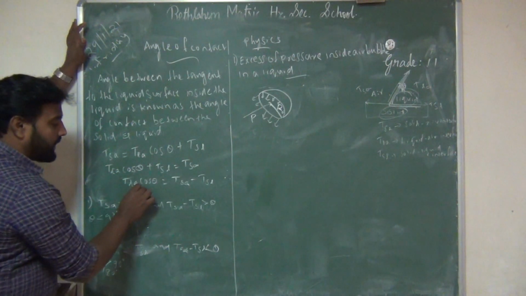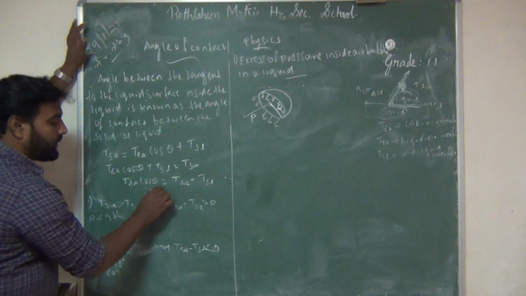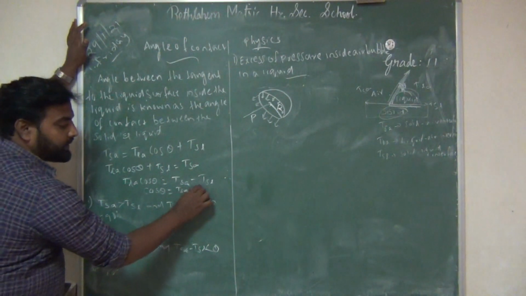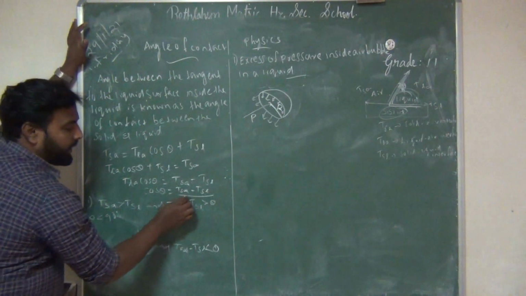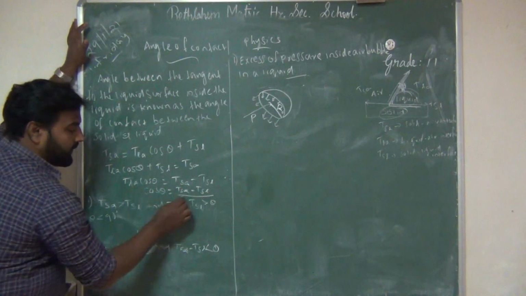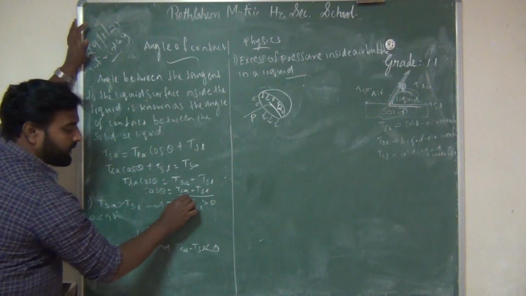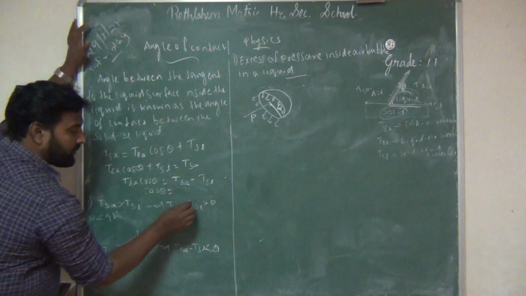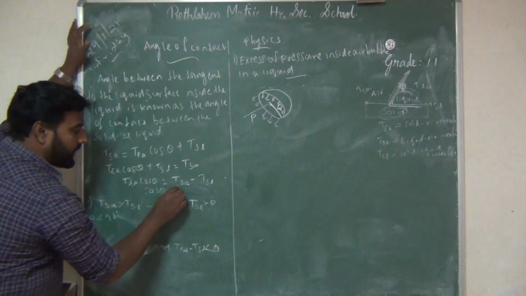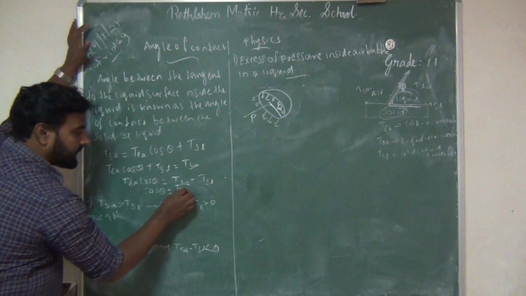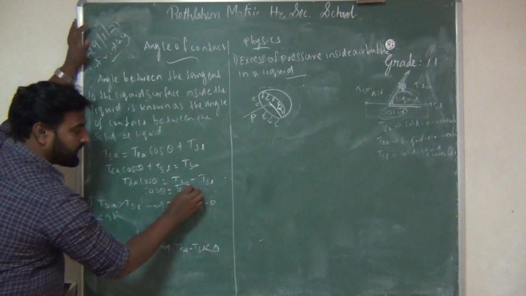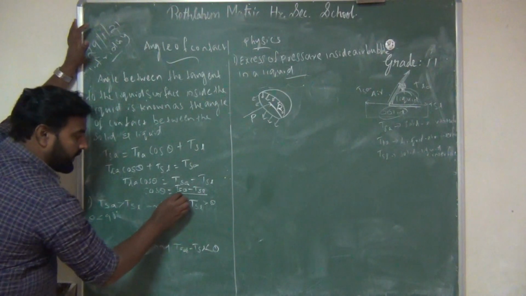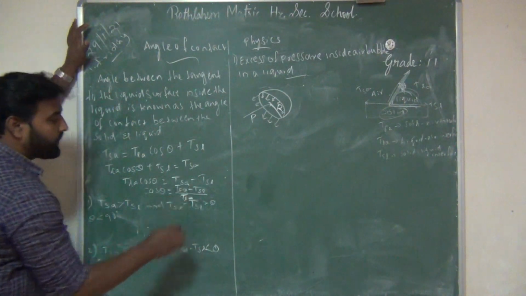So we will get cos theta equal to TSA minus TSL by TLA.